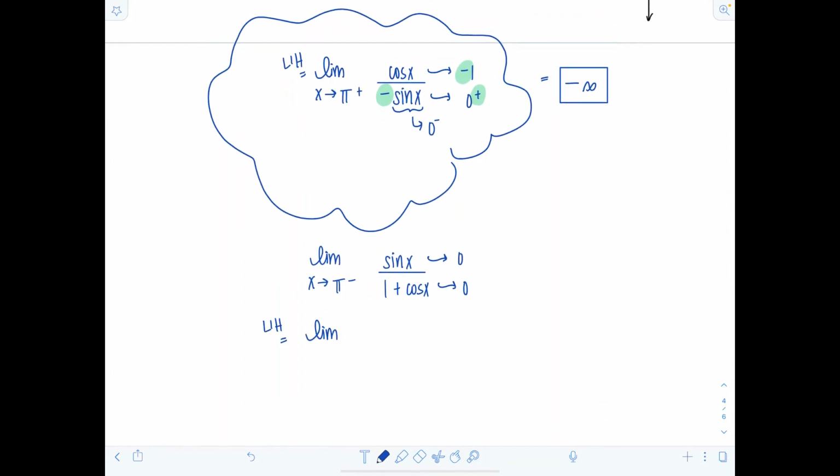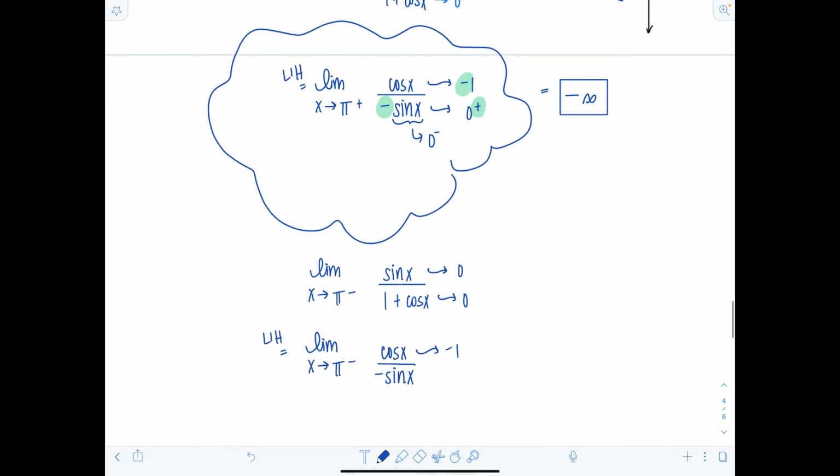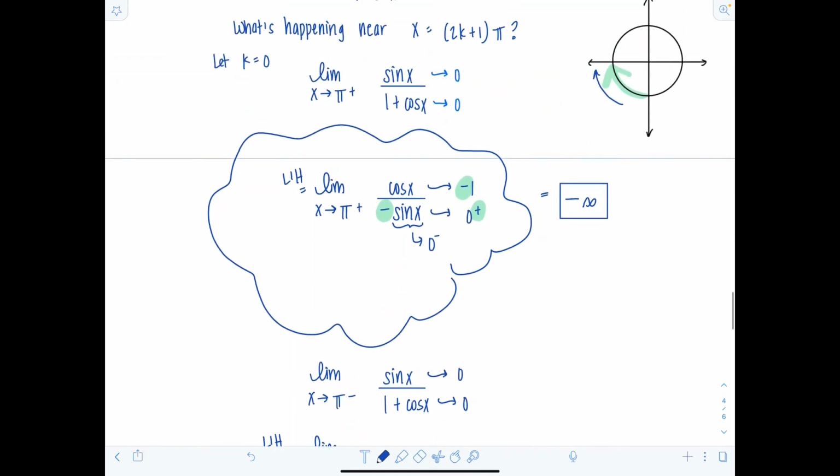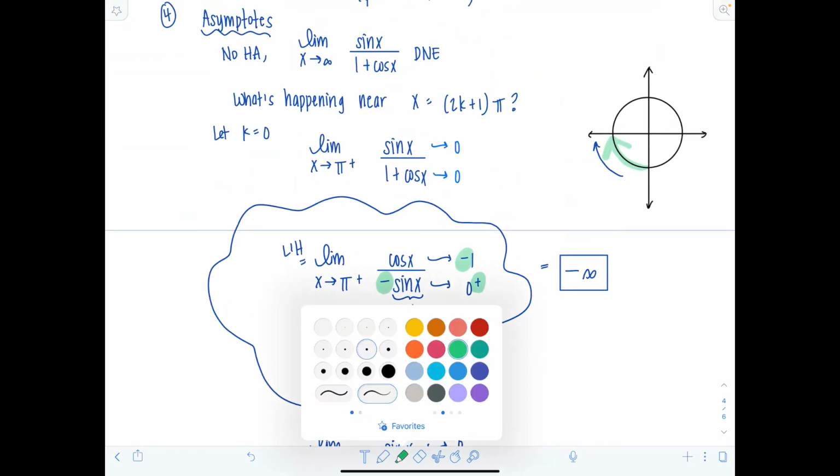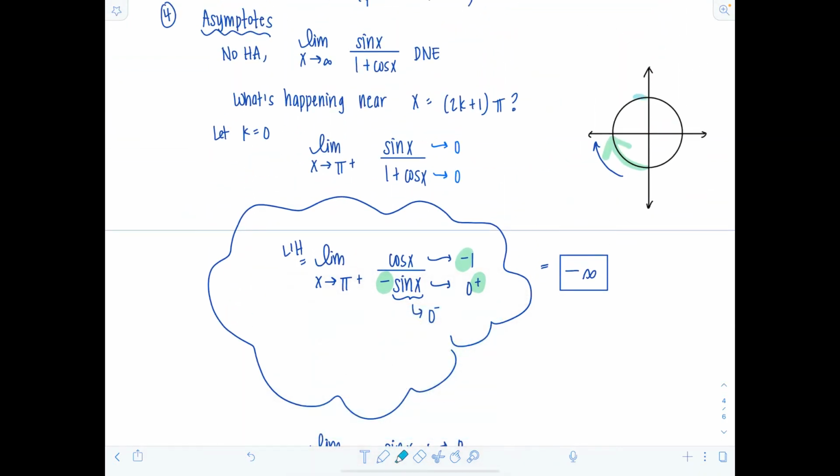So we've got the limit, x approaches pi from the left, of cosine x over negative sine x. So again, cosine is approaching -1. However, this time we're approaching pi from the left, so from values smaller than pi. But be careful, when you look at your unit circle, values smaller than pi are from this way, yes?